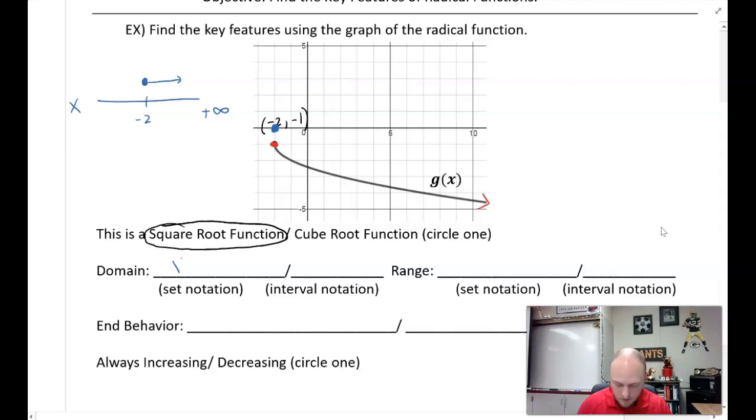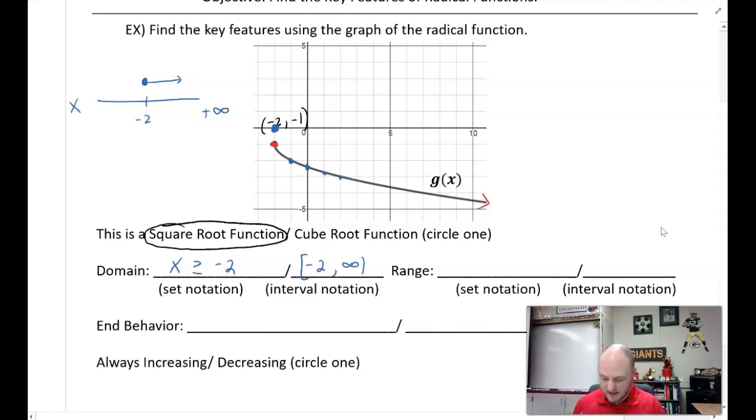So for inequality notation, this is x is greater than or equal to -2. All of those x values, going this direction here, this is -1. This is 0. This is 1. This is 2. All of these x values are bigger than -2. So x is greater than or equal to -2. And then interval notation would be -2 to infinity. And we include -2 again, because I have a point there.